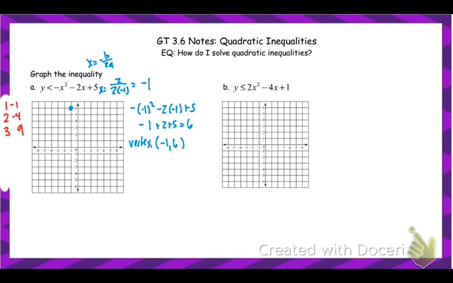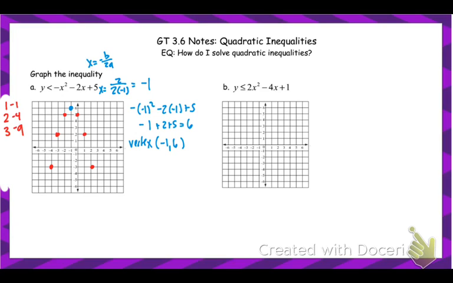We're just going to go down because the a value is negative 1. So from the vertex, I'm going to go over 1 and down 1. Over 2 and down 4, over 3 from the vertex, and then down 9 from the vertex. So all those points would be on that parabola.